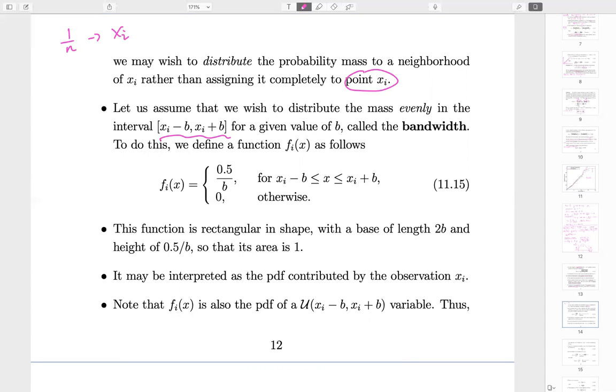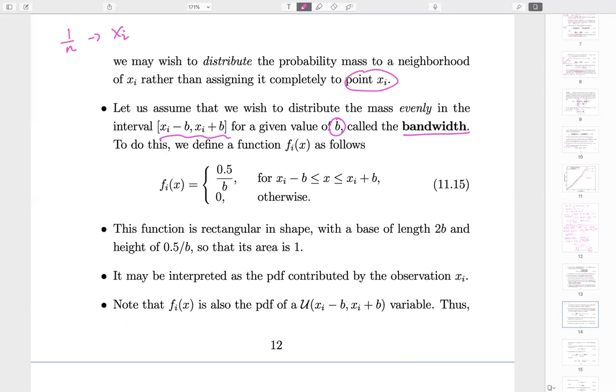The length or the radius is b, which we call bandwidth. By the way, the length of this interval is 2b, right? But b, you can think of as the half-length, or the radius.